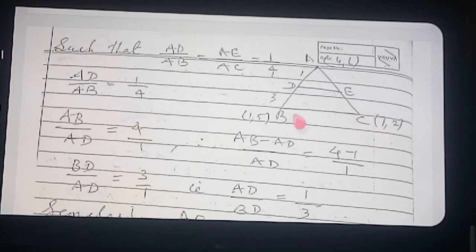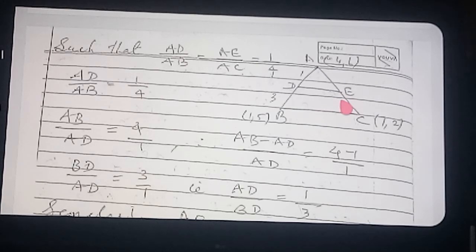For finding the area of triangle ADE, you need the coordinates of D and E. So D and E we will find by the section formula. D divides in the ratio 1:3, and E also divides in the ratio 1:3.